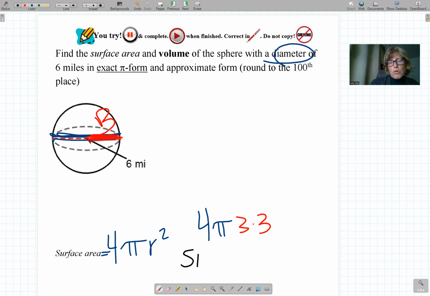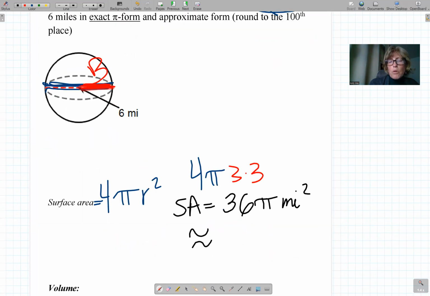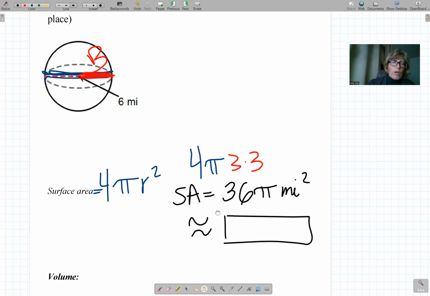So that means your surface area is 36 pi. Check units. Miles squared. You should have the approximate in your own terms. I'm not going to give that for you, but I will be checking it on your preview notes to check that you did your own work.